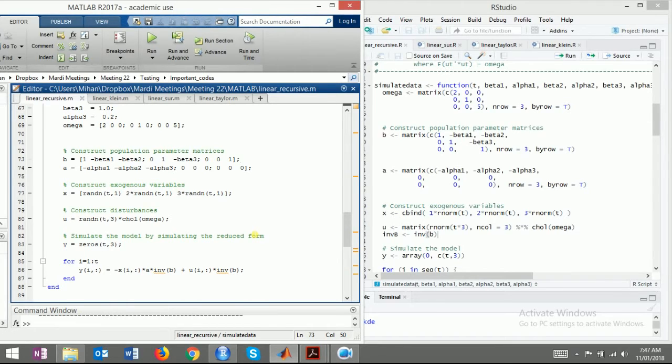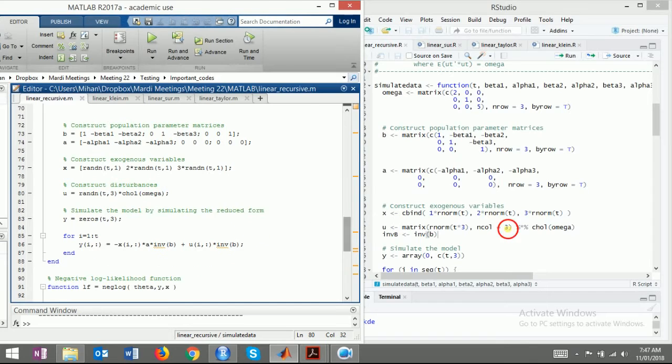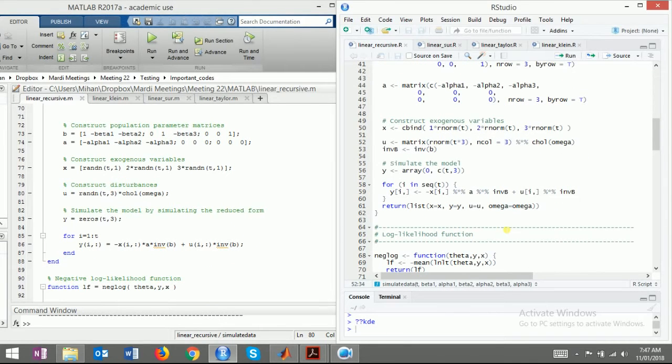So for y we'll create array 0 and combining t3, or here for i in sequence of t, begin the third bracket, y i equals minus x i A inverse plus u by B, Ax minus x by B plus u by B. The loop ends, then return is list x, y, u, omega.